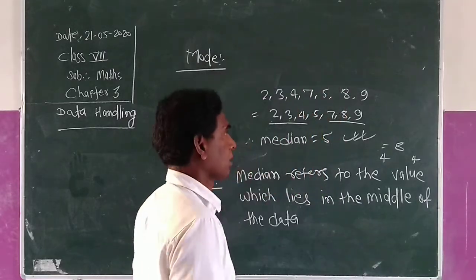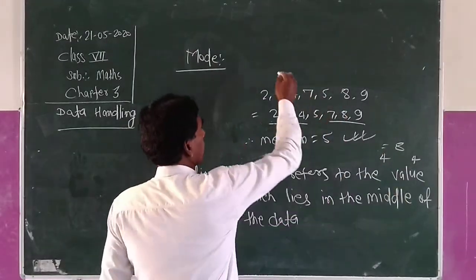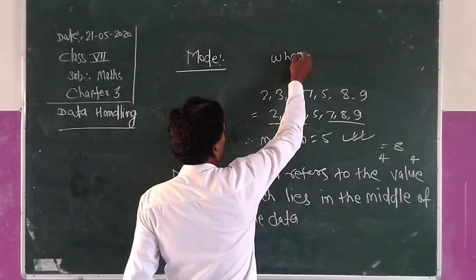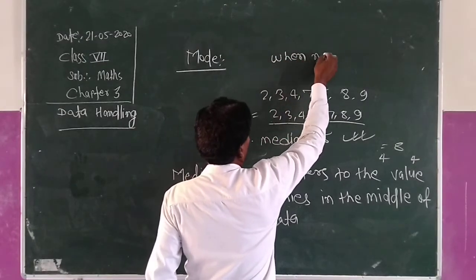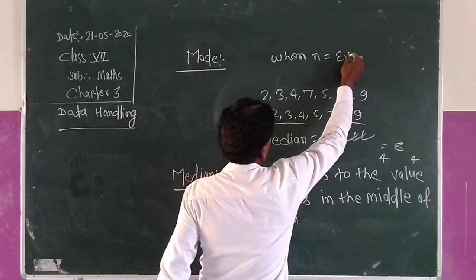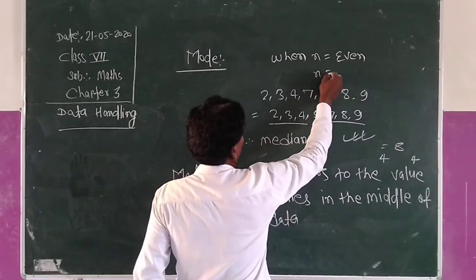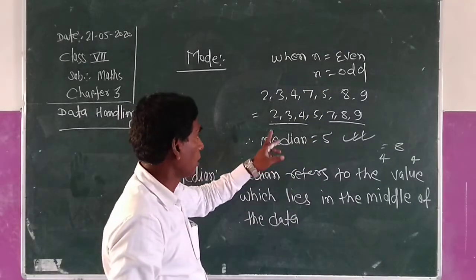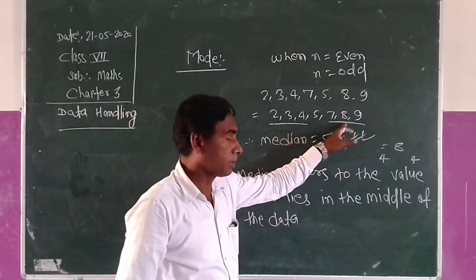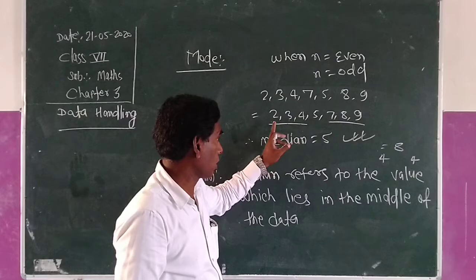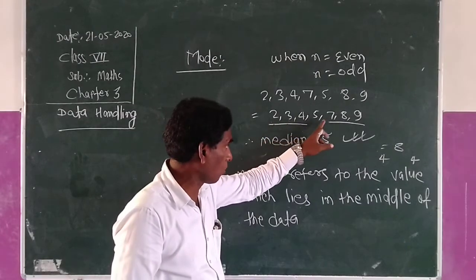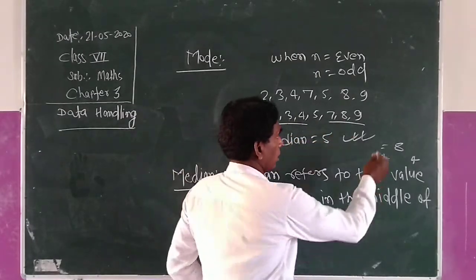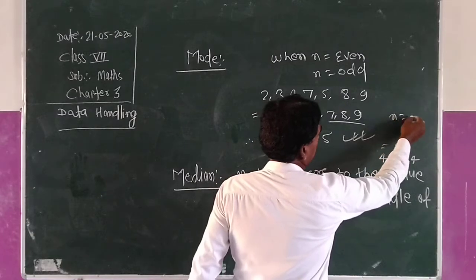In 9th class, you will discuss when n is even and when n is odd. n means the number of observations. Here the observations are 1, 2, 3, 4, 5, 6, 7, so n is equal to 7.